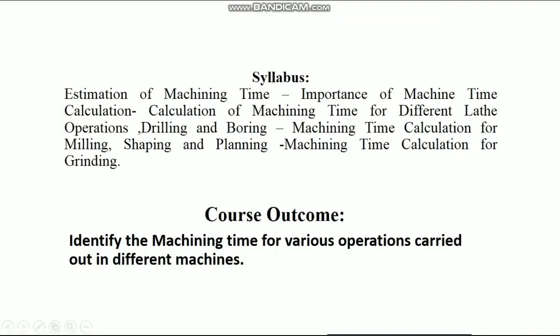So our syllabus: estimation of machining time, importance of machining time calculation, calculation of machining time for different lathe operations, drilling, boring, machining time calculation for milling, shaping and planing, machining time calculation for grinding. When students study this course, they are able to identify the machining time for various operations carried out in different machines.